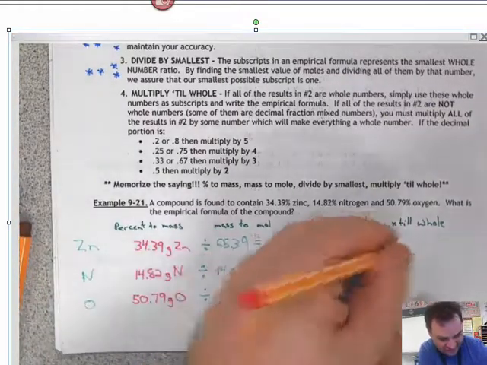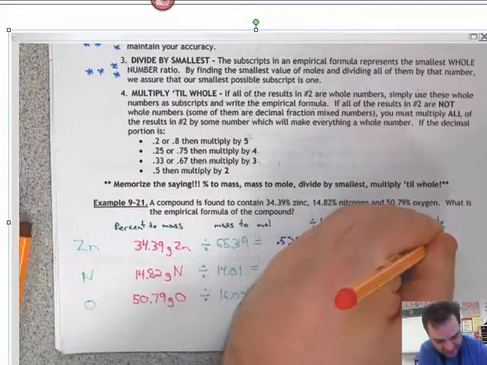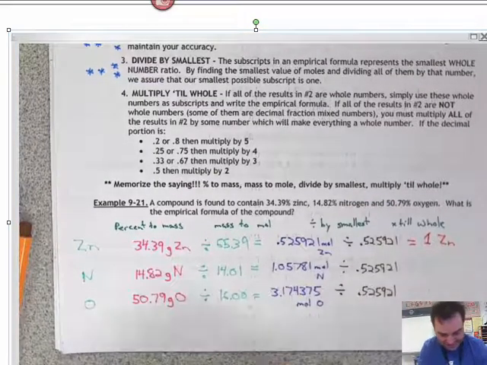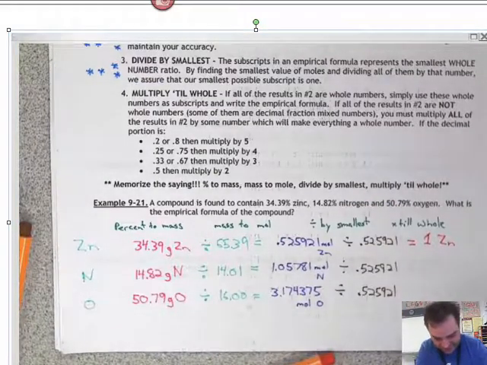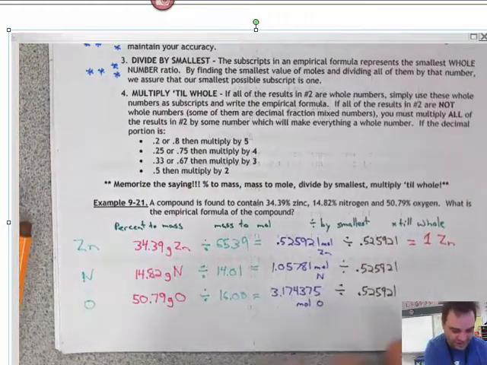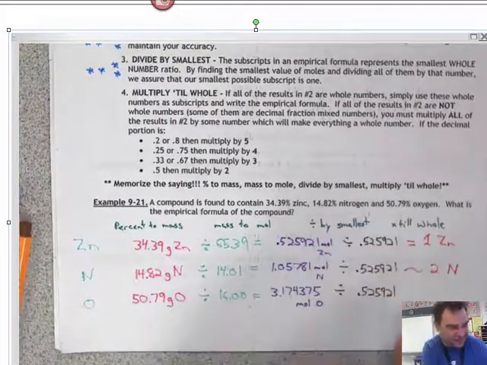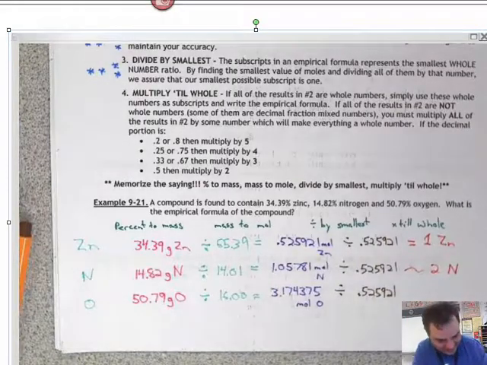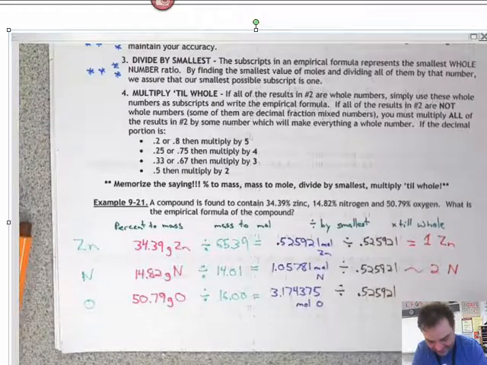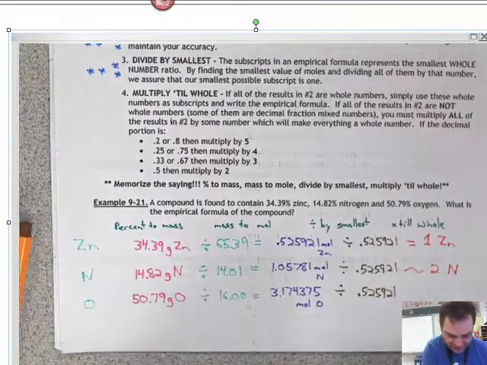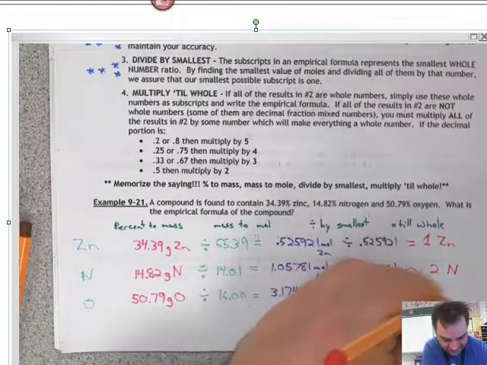Okay, you divide these two, you get 1 zinc. That one's easy. Then you do 1.05781 divided by 0.525921. 2.01, that's close enough to 2. So there are going to be 2 nitrogens. Then I divide 3.174375 by 0.525921. 6.03, that is close enough to 6.